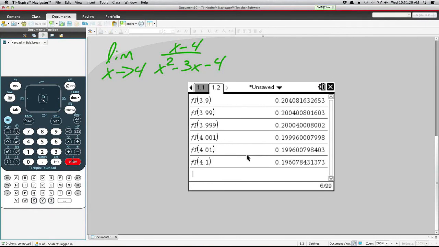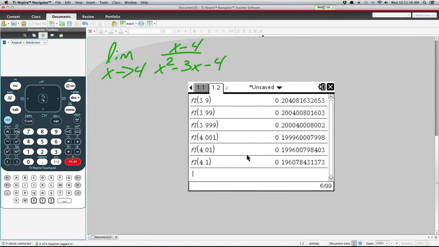So now, once I have these values down, I just write them up here. So 3.9 gave me 0.204. I got 0.200, 0.200 as well.